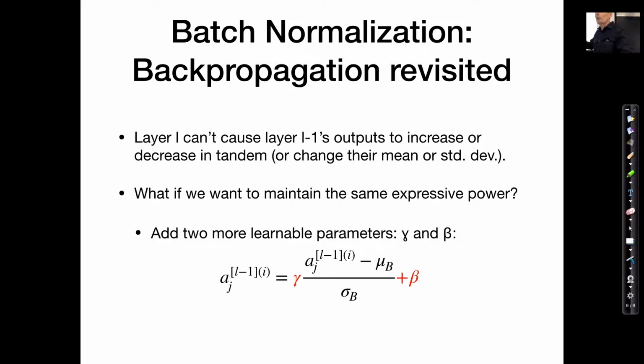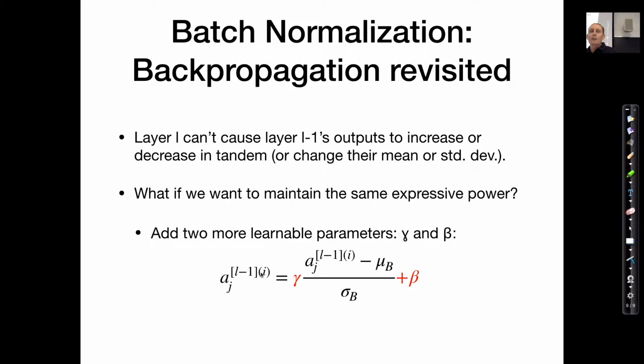Since these are learnable parameters, just like the weights and the biases, the neural network is going to learn these. So the neural network all of a sudden has a very simple way that it can learn a particular standard deviation that it wants. It can just learn to change this. Similarly for the mean.